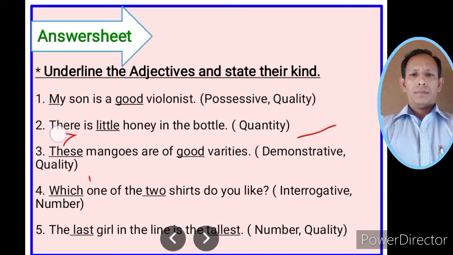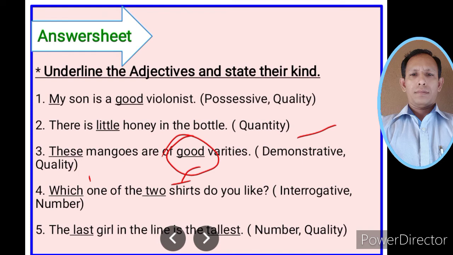So it is a demonstrative adjective. And the second adjective in this sentence is good varieties. What kind of varieties? Good varieties. The adjective is telling some quality of the varieties. So it is an adjective of quality.